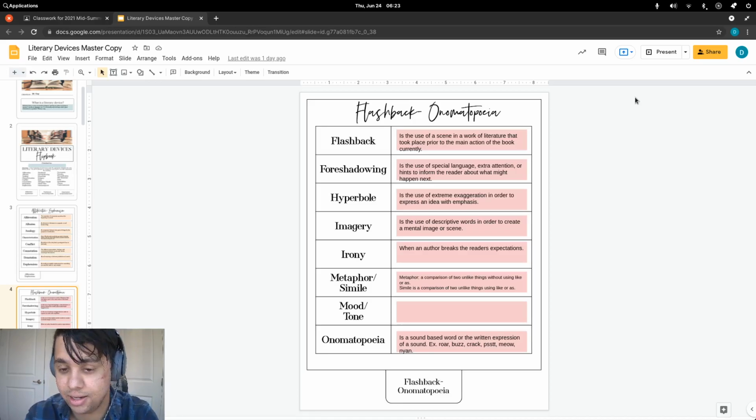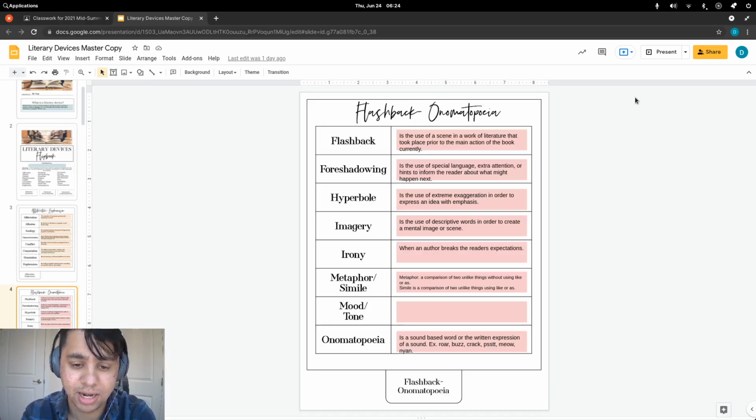That is a flashback, because the main action of that movie takes place when Harry is like a 12 or 13-year-old kid, basically living in the Dursleys' house under their stairwell.